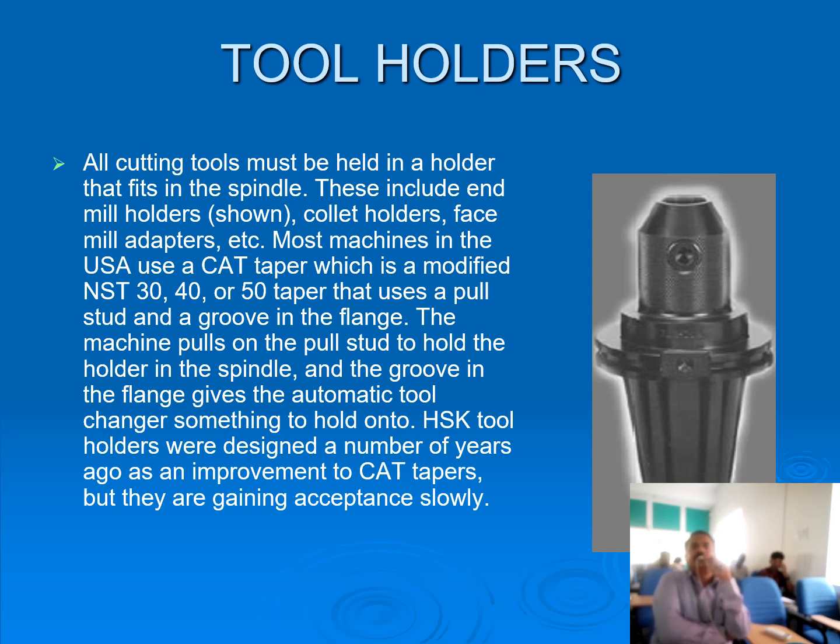The machine pulls on the pull stud to hold the holder in the spindle, and the groove in the flange gives the automatic tool changer something to hold onto. HSK tool holders were designed a number of years ago as an improvement to CAT tapers, but they are gaining acceptance very slowly.